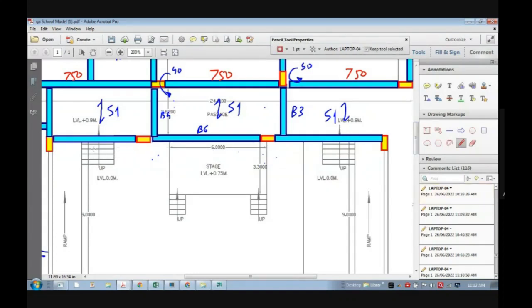Let's say this is your 600, this is your 750, and the span is little more here, so I'm taking 750.